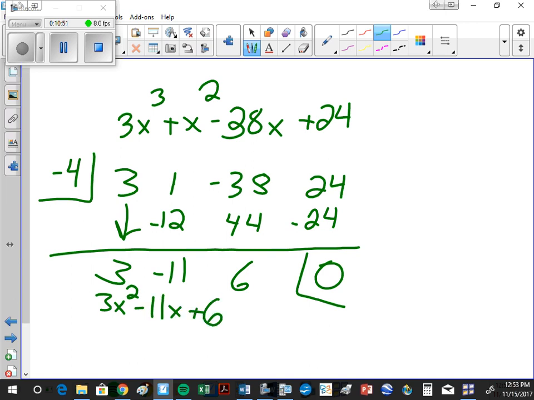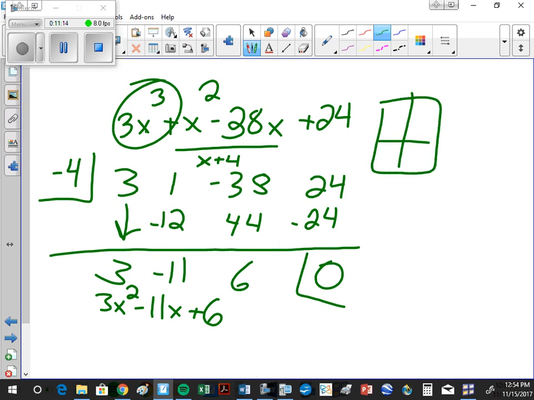How did I know it was x squared and not something else? I took an x to the third and I divided it by x plus 4, and x to the third divided by x is x squared. And once I have an x squared, all I need to do is factor.